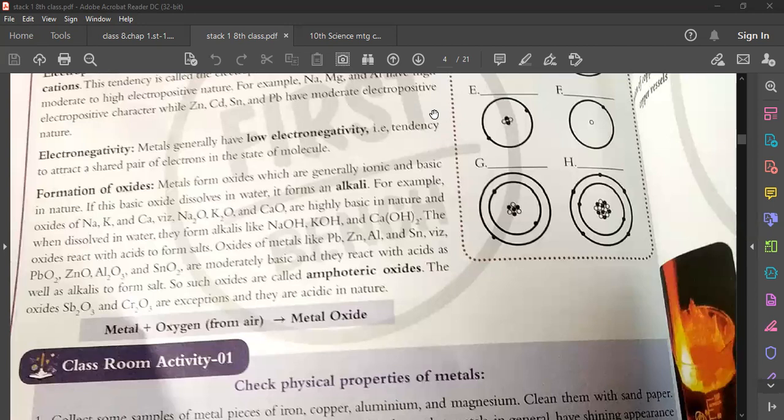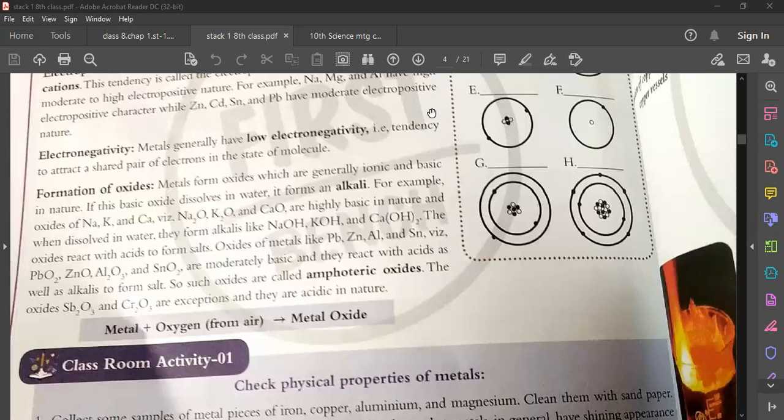Now tell me whether all bases can be alkali? No, sir. Vedika? Sir, I don't know. Just now I said the main point, right? The base which dissolves in the water is called an alkali. Clear this point? Yes, sir. But can all the bases be called alkali?